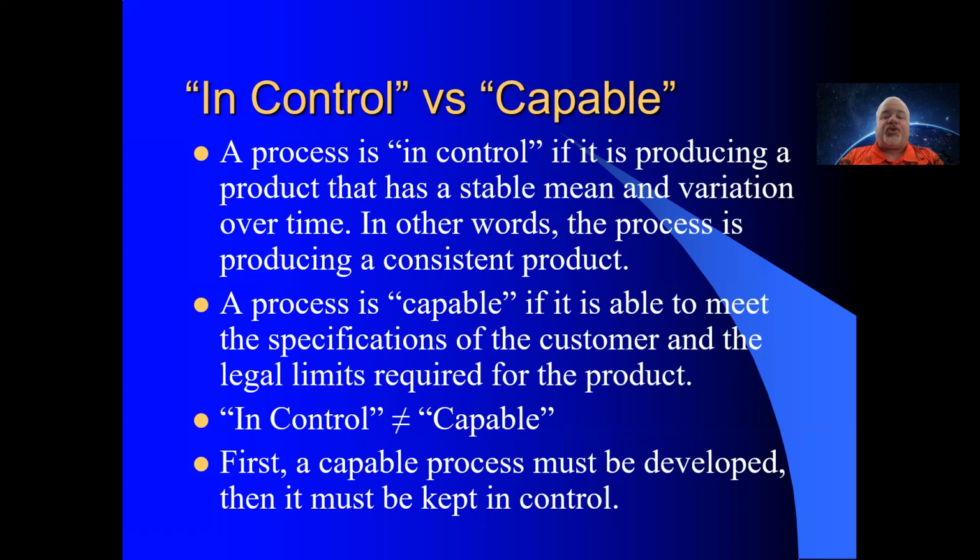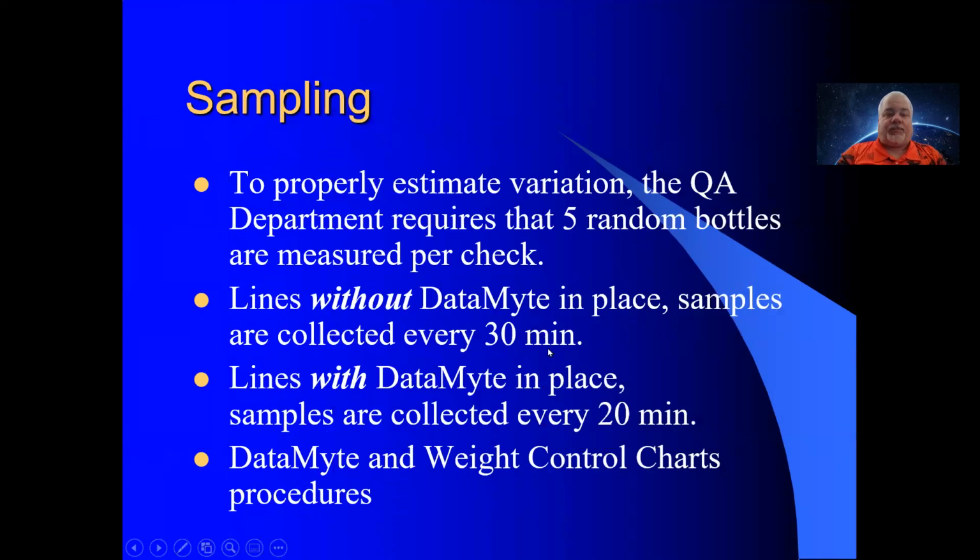So before you even start with SPC and start worrying about upper and lower control limits, you need a manufacturing process that is capable of meeting the requirements of your customers. Okay? Very important distinction.